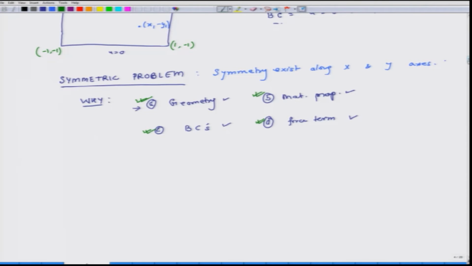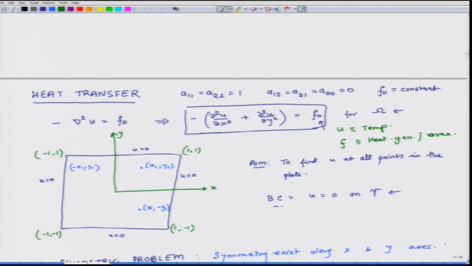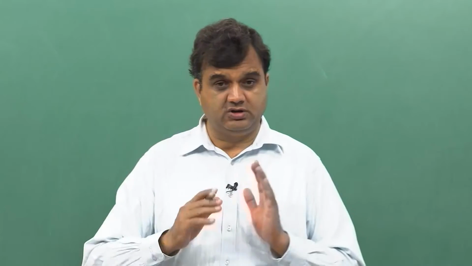So, what we see here is that the problem is symmetric not only along the x axis, but it is also symmetric along y axis. So, in that case, I can only discretize 1/4 of the domain and solve for only 1/4 of the domain.